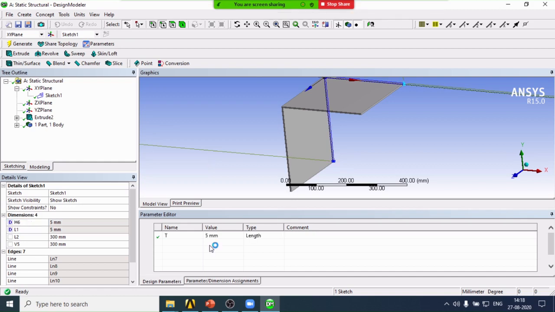Now this t parameter will be used for optimization in a later stage, because you don't want to change any of the other dimensions, but you want to concentrate on only one single parameter t. But you can go for multiple such parameters also. Previously it was a question mark, it is now changed to the green check mark. Then you go into the model.